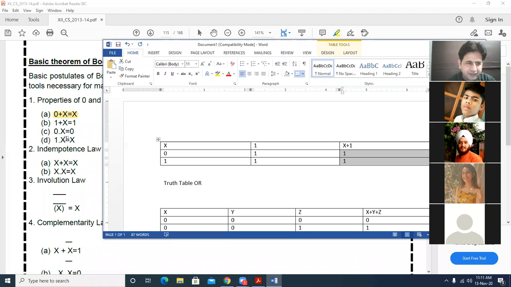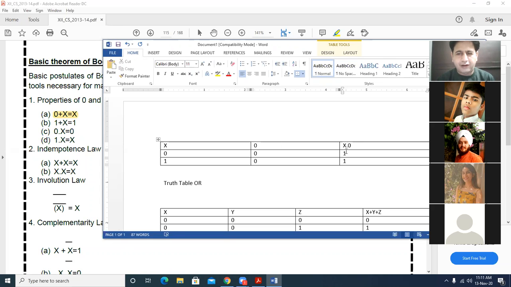Next, we take 0 and 0, dot means AND, 0 and x is always 0. So I take one variable x with 0 and 1, another variable I take 0, it means 0 0, and between them we have to use the dot. We know that when we use AND, it means all the 1s must be 1, then 1, otherwise 0.